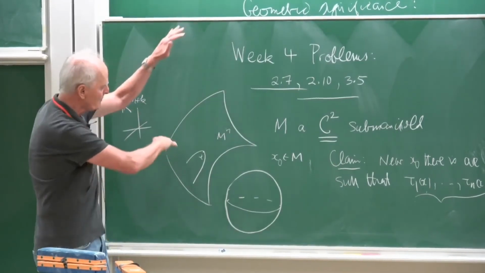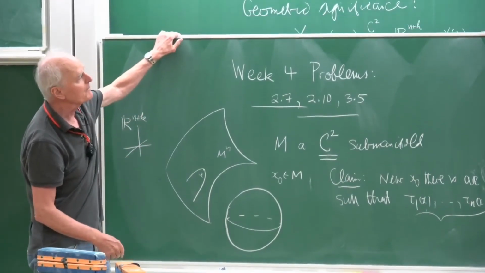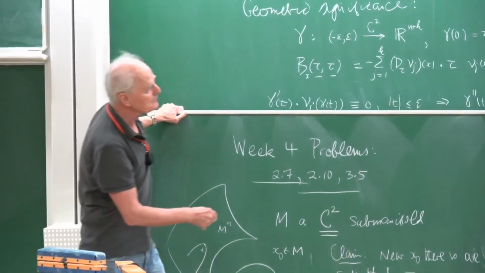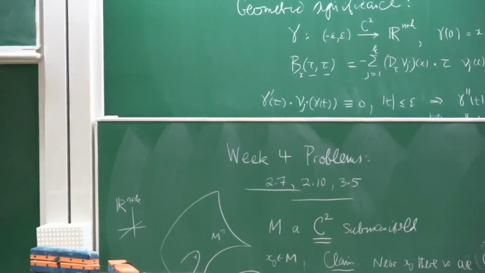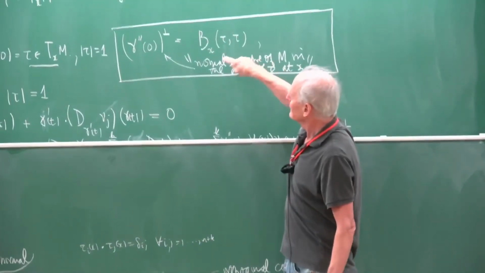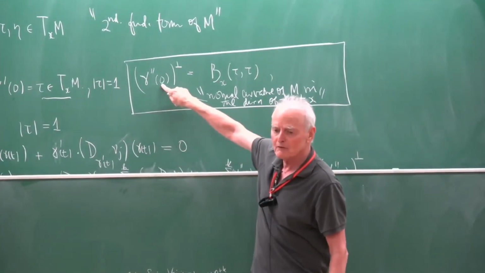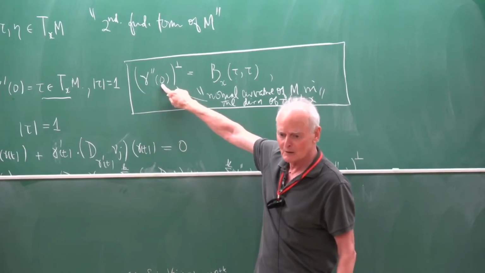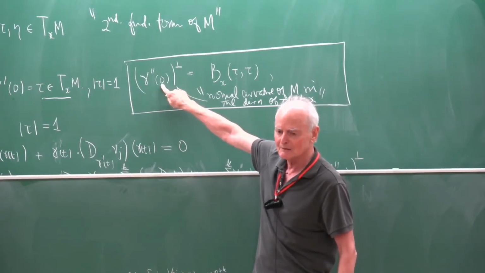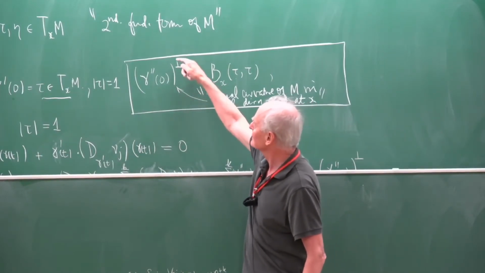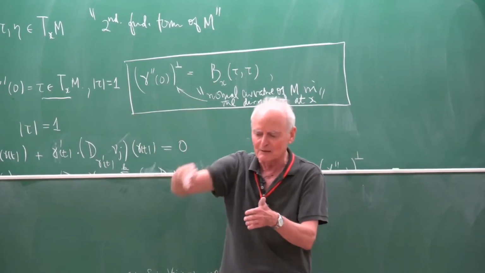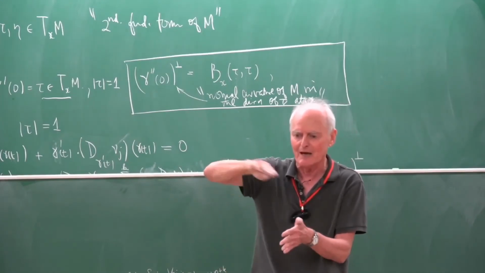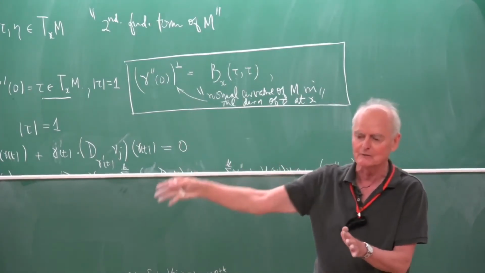We're only taking the normal component of the curvature. By the way, notice that this normal curvature, because it's equal to this, is totally independent of which curve gamma you pick. And the reason that works is because we're looking at the normal curvature, not the curvature in the manifold. We're not interested in that. We're interested in how the manifold's curving.